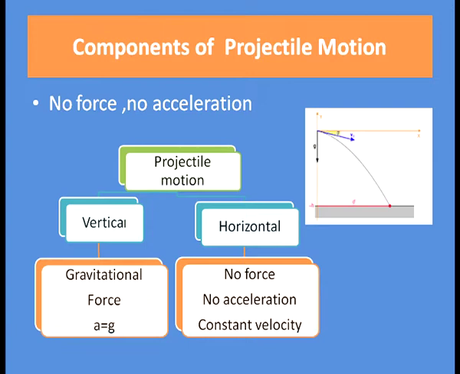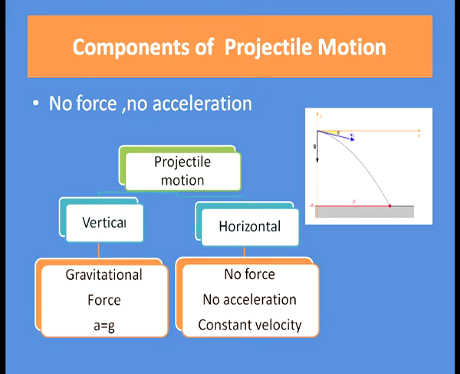Now, what are the components of projectile motion? As we have studied in the second law of Newton, when no force is applied, there will be no acceleration in the object. In case of projectile motion, there are two components, vertical component and horizontal component. In case of the horizontal component, what happens? No force is applied in the horizontal direction.